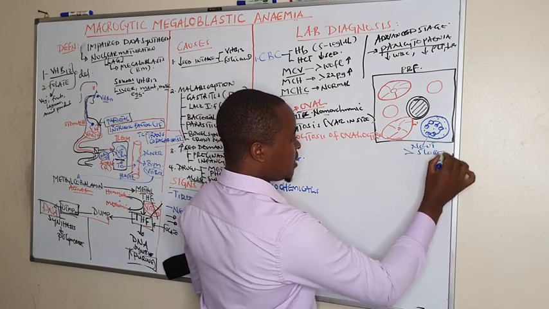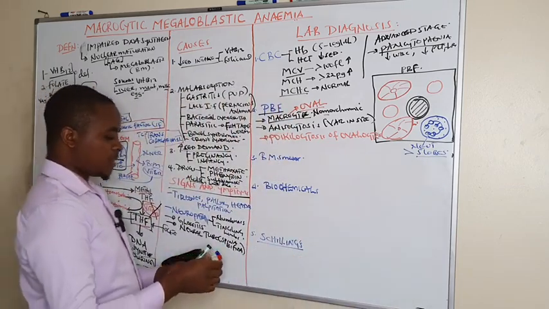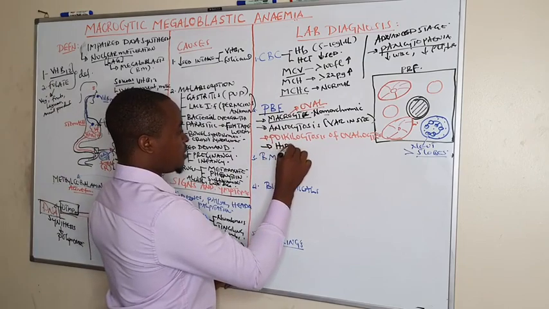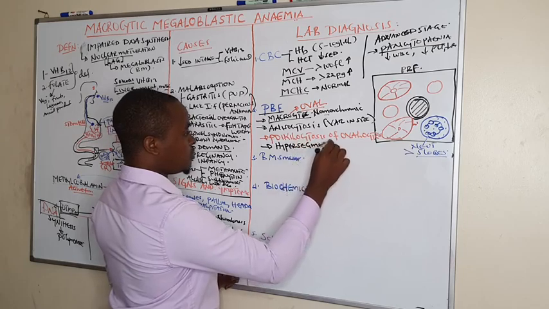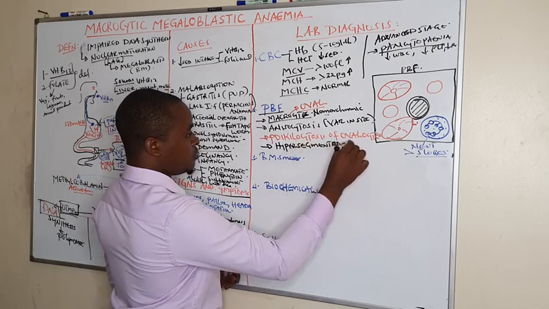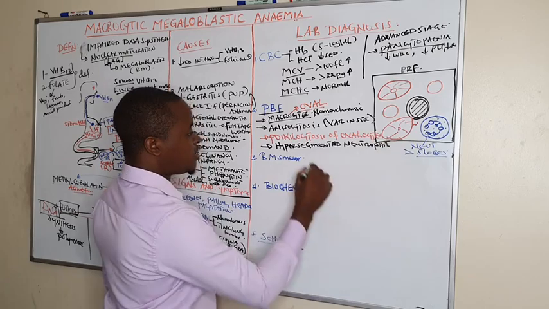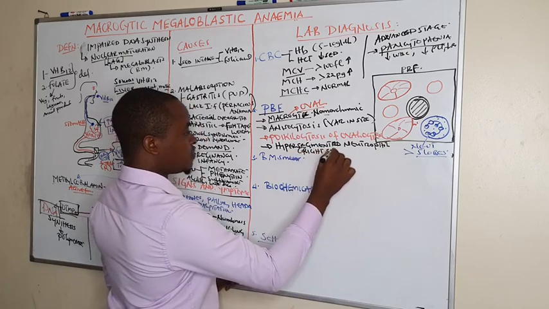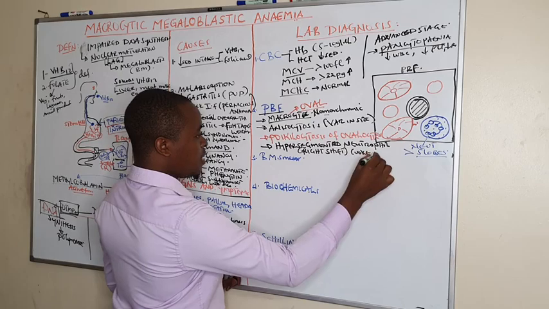Greater than 5% have lobes greater than 5. And that is what we call hypersegmentation of neutrophils. So we find there hypersegmented neutrophils, or you can call it right shift of Cook and count.